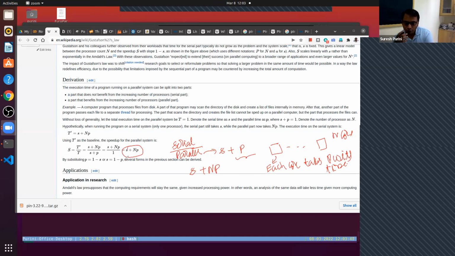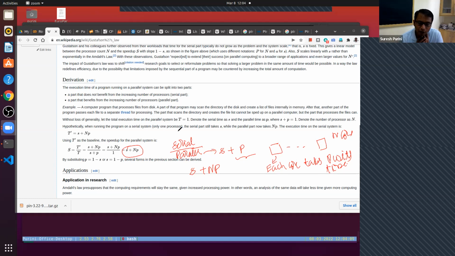So as the amount of work increases, it is possible for us to get very good speed up because this capital N is there in the numerator. Keep that in mind when you are working on a particular problem. For some problems, Amdahl's law could be applicable.